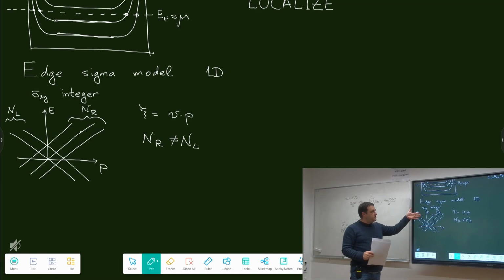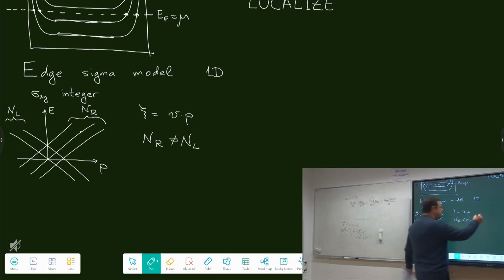This can actually be done experimentally. There are experiments like this when you take two samples with quantum Hall effect, but with different magnetic field. You apply a stronger magnetic field here and a weaker magnetic field here, and then you make a junction between them. So one edge is attached to another edge. It's like this.